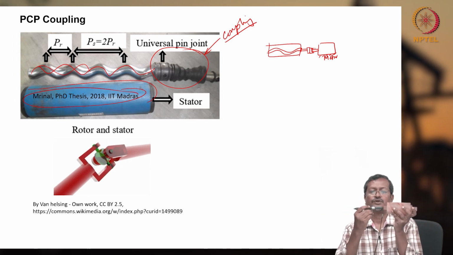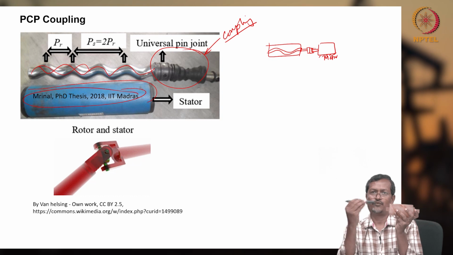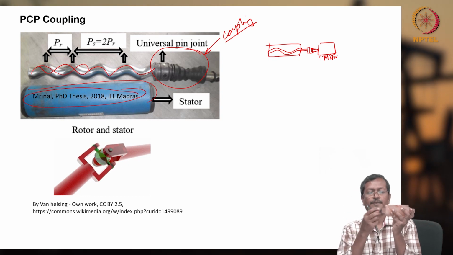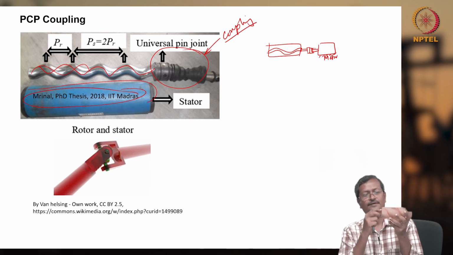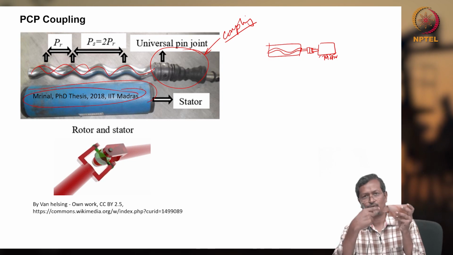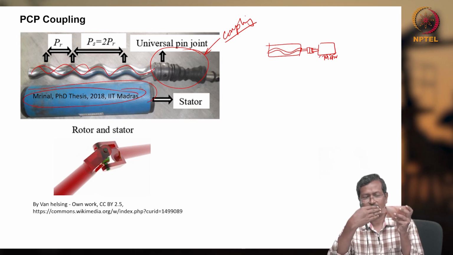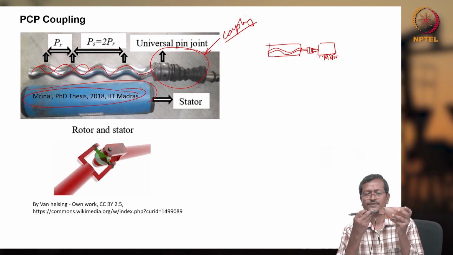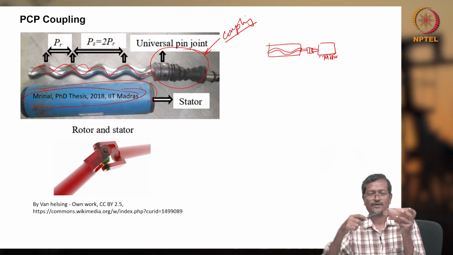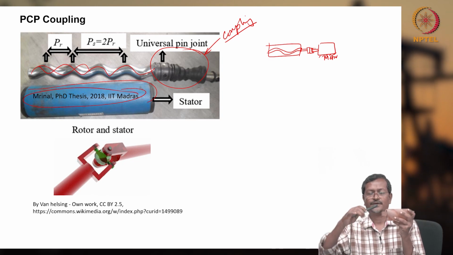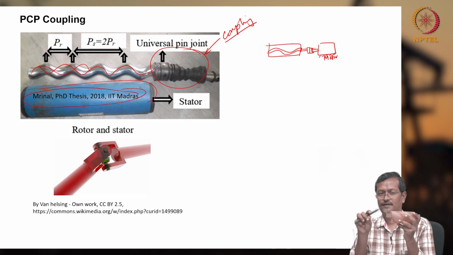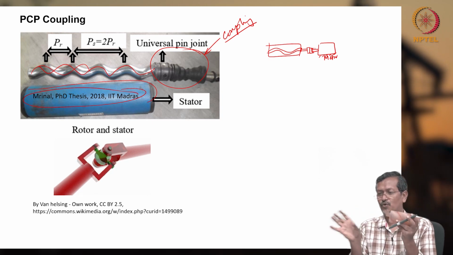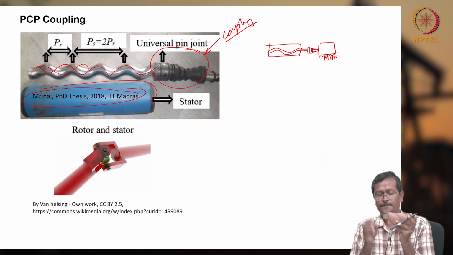The motor shaft is rotating, but it is not moving like this. But this rotor is rotating plus moving like this, while the motor shaft is not moving. So, if I have one connecting shaft in between the motor and this rotor.